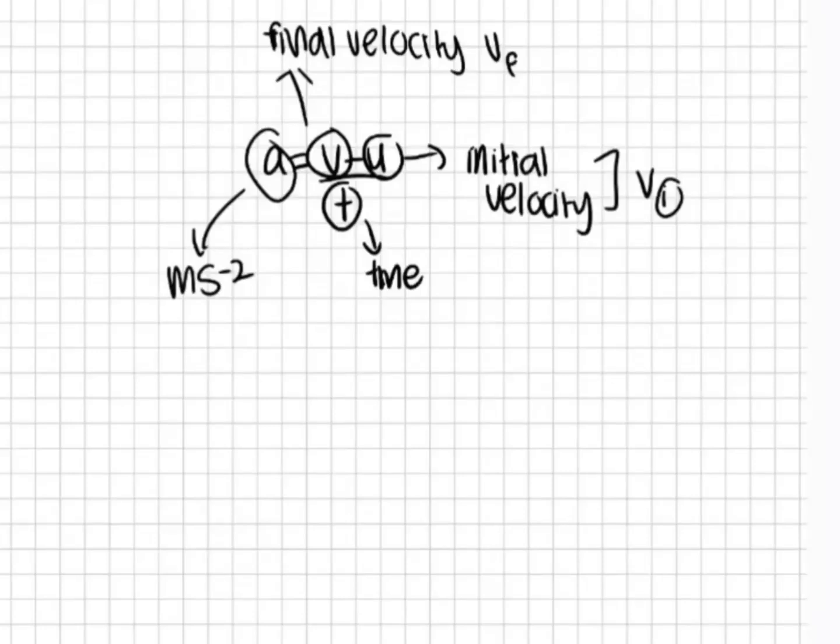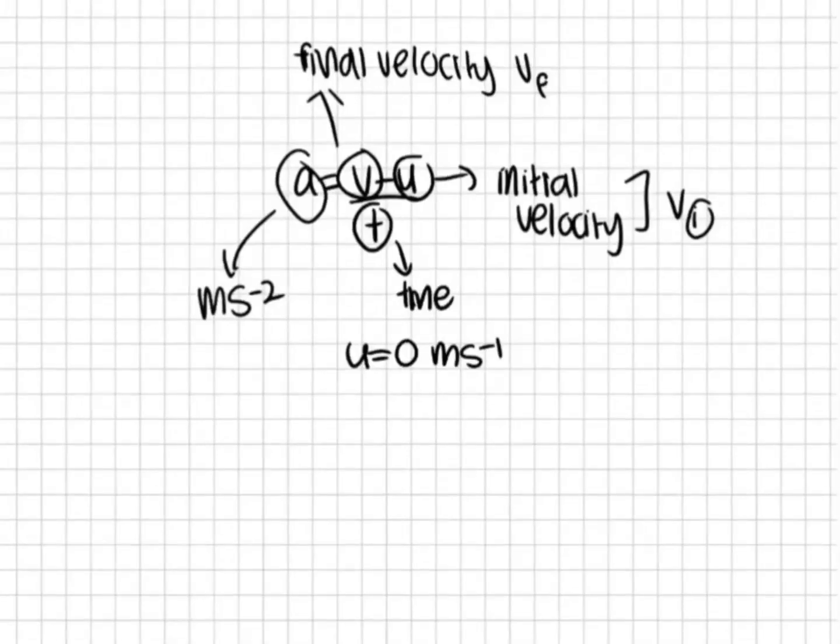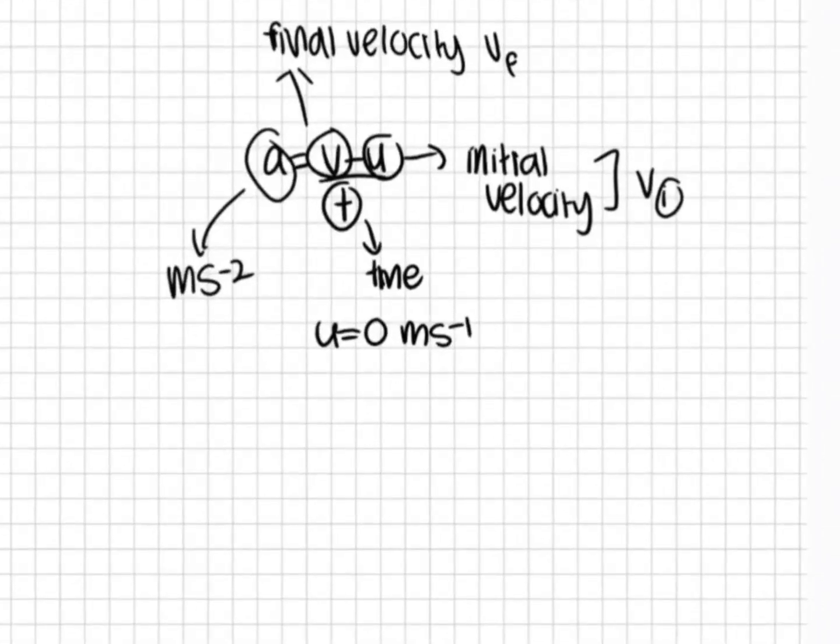So let me just write that down. Whenever we start a question like this, we always want to start with a table of values. So what do we know? I've said previously that the car started from rest. If it starts from rest, then that means it's not moving. That means its initial velocity will have to be 0 meters per second. It says it reaches a velocity of 20 meters per second, which means its final velocity would have to be 20 meters per second.